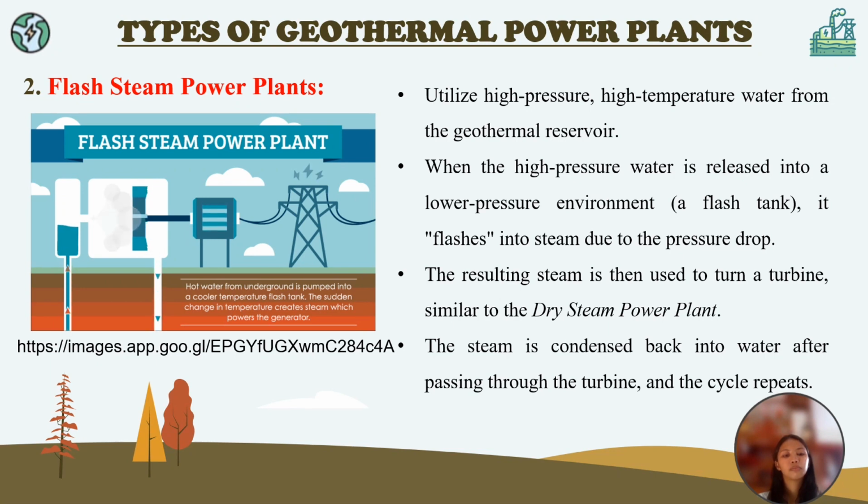The steam that passes through the turbine will go down to the injector well. As you can see, this is extremely hot water inside the flash tank, rapidly depressurized or flashed into steam.